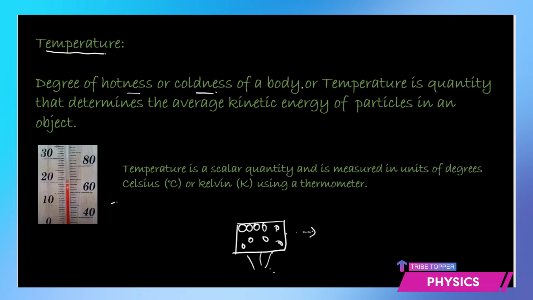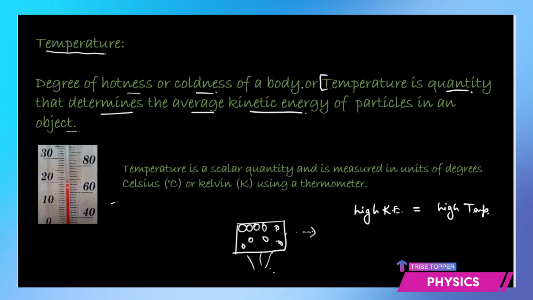So we would rather define temperature as a quantity that determines the average kinetic energy of the particles in an object. All the particles that constitute that object, if they have a higher kinetic energy, that would refer to a high temperature, because that means we are giving it heat which is going to be converted into the kinetic energy of the particles.